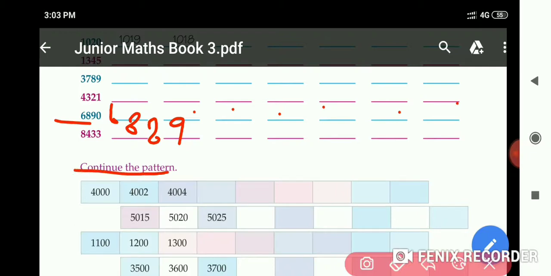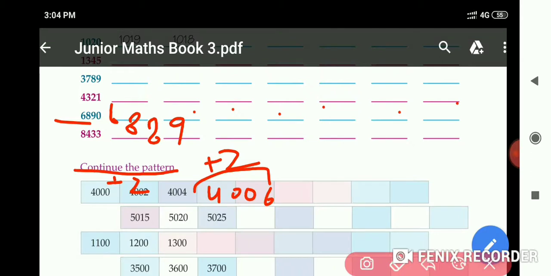Now come to continue the pattern. It is given 4000, then 4002, 4004. So every time plus 2 is there. So what will be the next number? 4006, because at each step plus 2 is there.